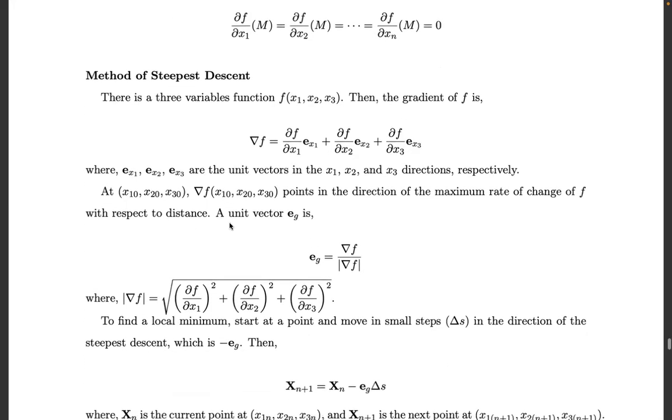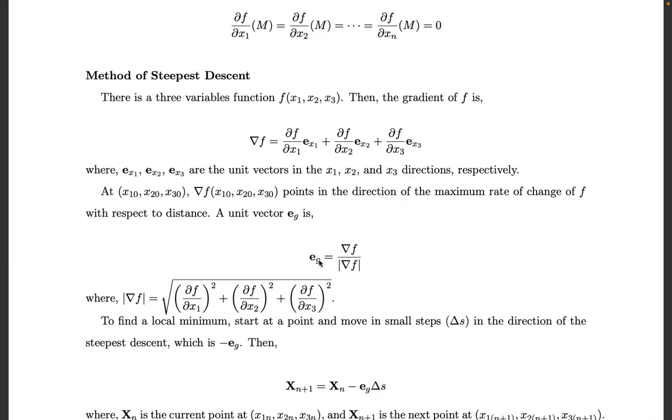And then we define a unit vector EG by the gradient. EG equals the gradient of f over the absolute value of the gradient of f. Just remember, the gradient of f is a vector, then divided by its length. The absolute value of a vector is the length of this vector. So we get the unit vector EG.